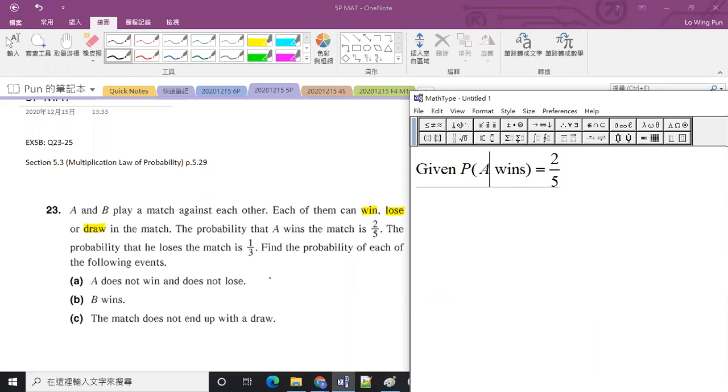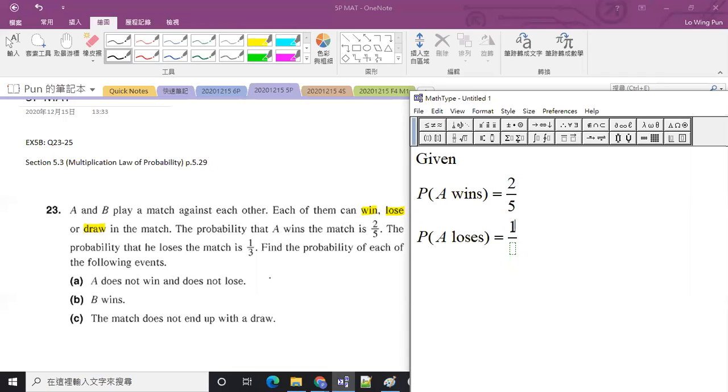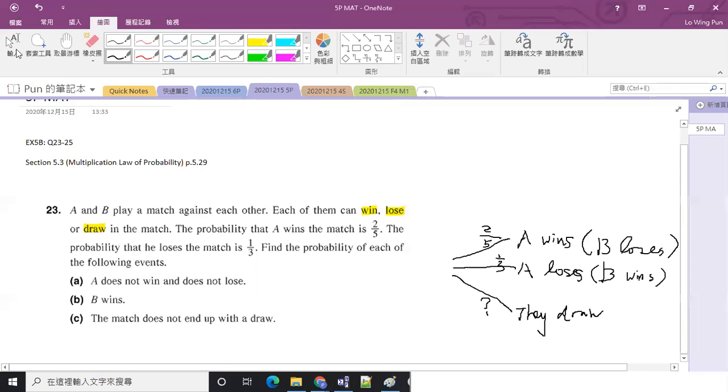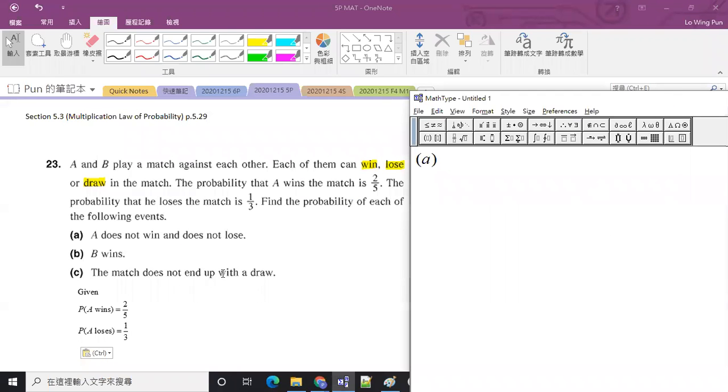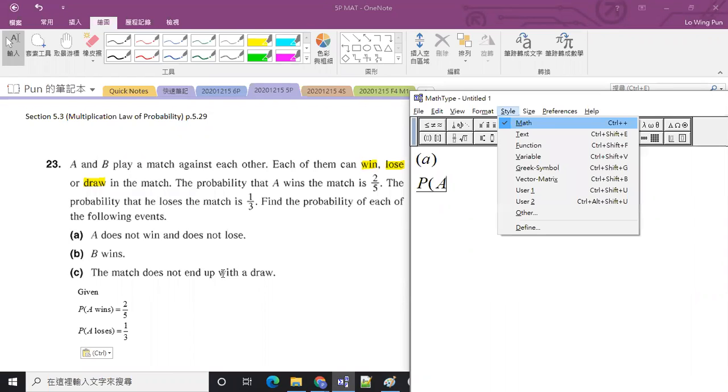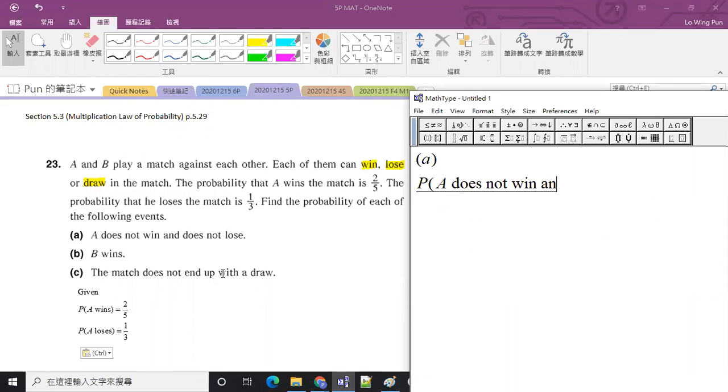It is already given, and also it is given that the probability A loses is equal to 1 over 3. Different numbers. Okay, and then part A. The question asks to find P(A does not win and does not lose).